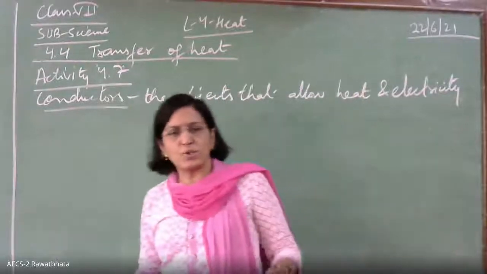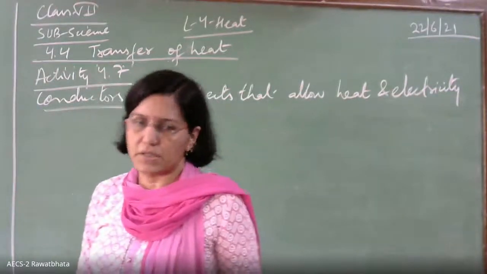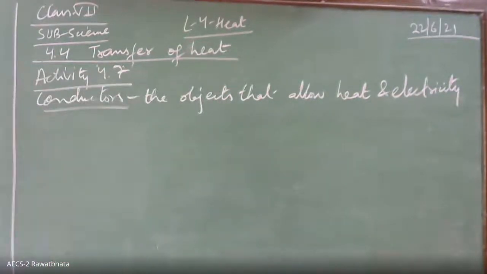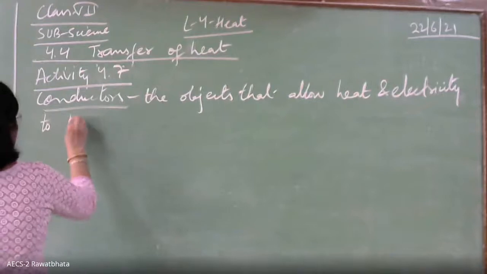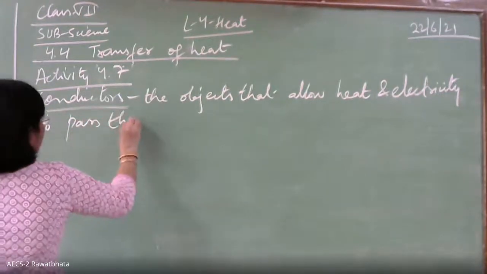The objects that allow heat and electricity to pass through them are known as conductors. This chapter is based on heat, so in the chapter they have mentioned only the term heat, but basically they do conduct electricity also.